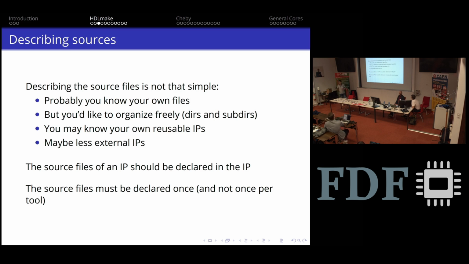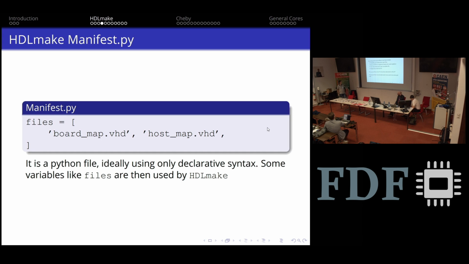First, you want to organize sources in different subdirectories, and also because you want to use sources defined in a different project, sub-project or core that you have developed and plan to reuse. And at some point you have to gather all the sources, which is not that easy anymore. So what hdlmake does is use a declarative Python file named manifest.py. You list the files contained in a directory, and at some point hdlmake will read all these manifest.py files and gather all the sources in order to create your project.